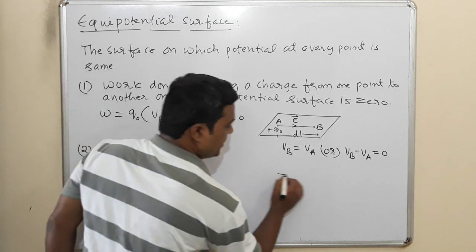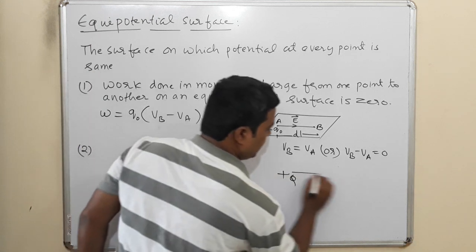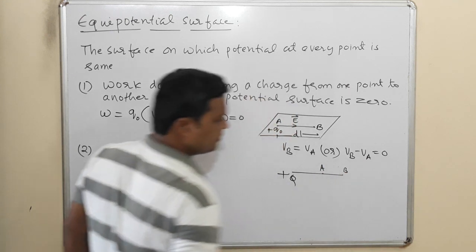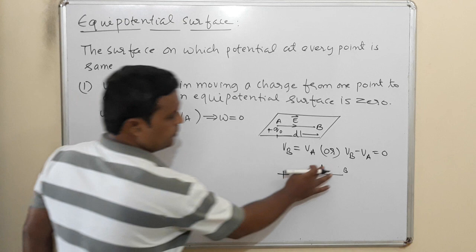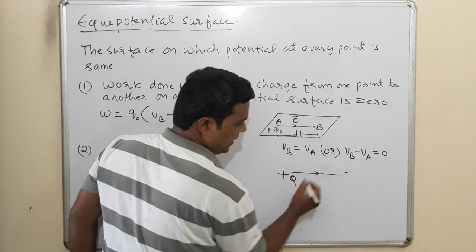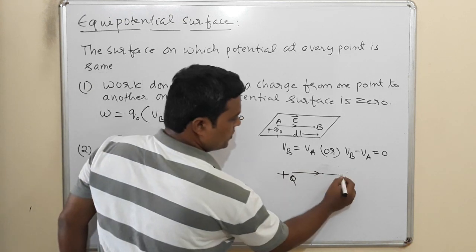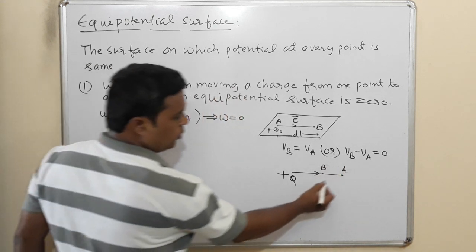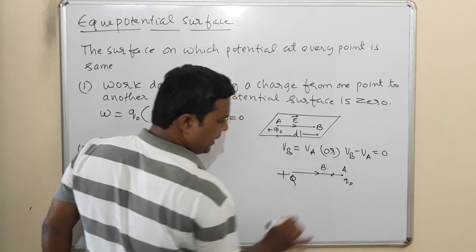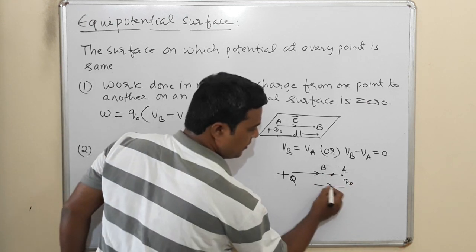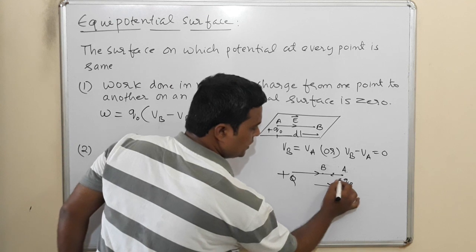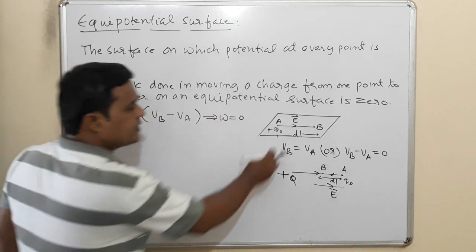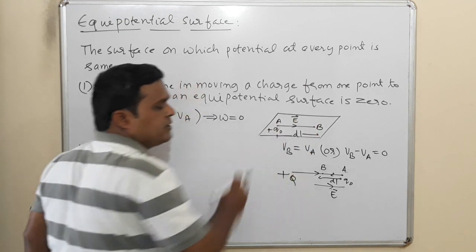Suppose this is point A, this is point B, and I want to move the positive test charge from A to B. Here exists an electric field E. I am moving this charge through a distance dl, which is in the plane of the equipotential surface.